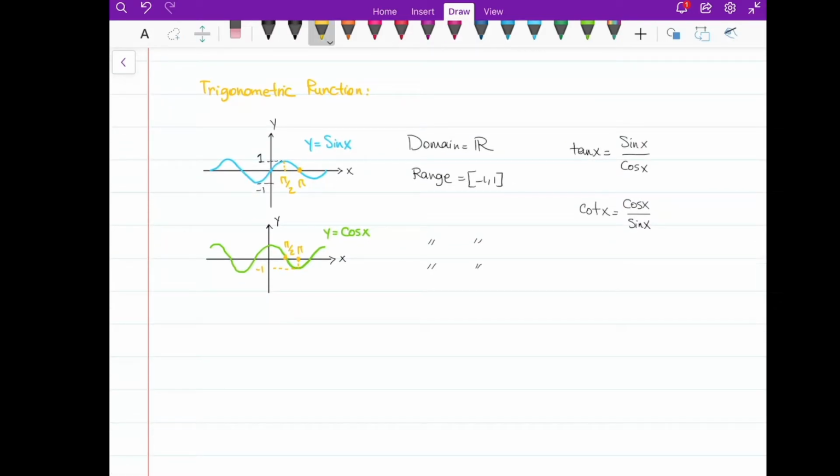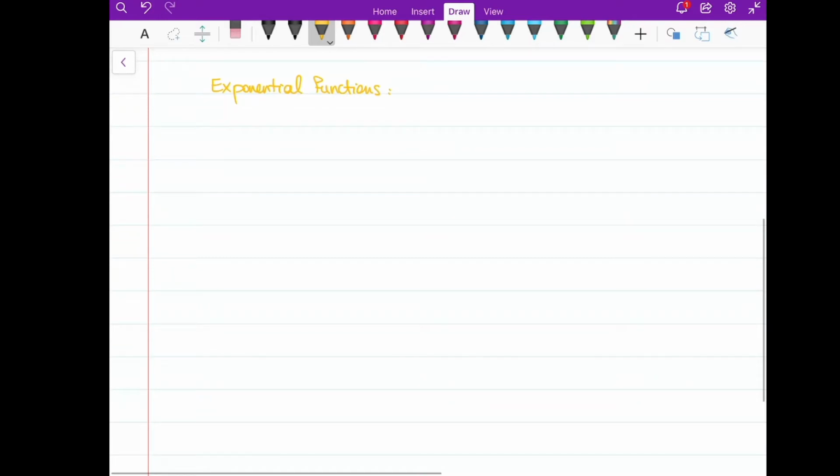So another class of transcendental functions would be exponential functions. And what are they? Exponential functions are like this.